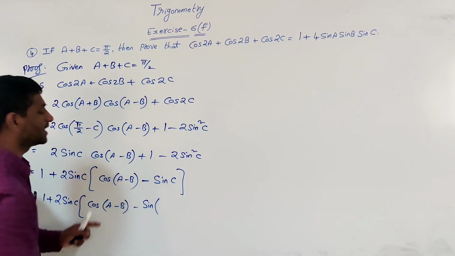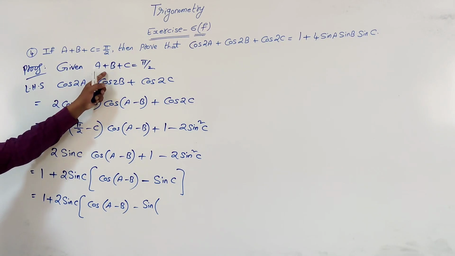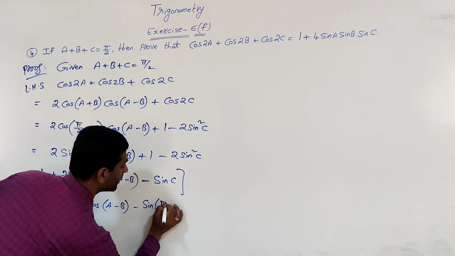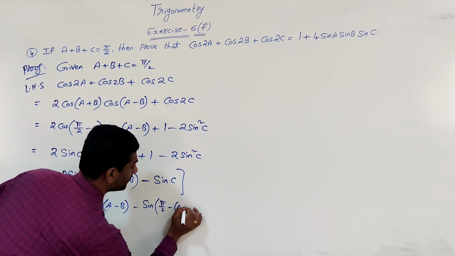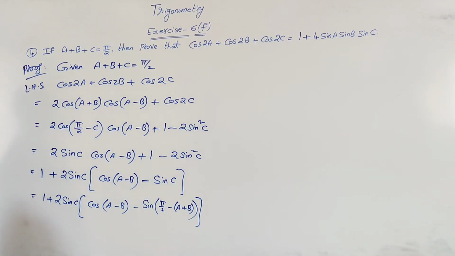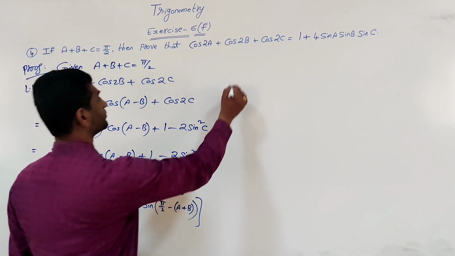What is C from the condition? C in terms of A and B is 90 minus A minus B. So that is pi by 2 minus of A plus B. But what is sin of 90 minus theta? It is again cos theta.